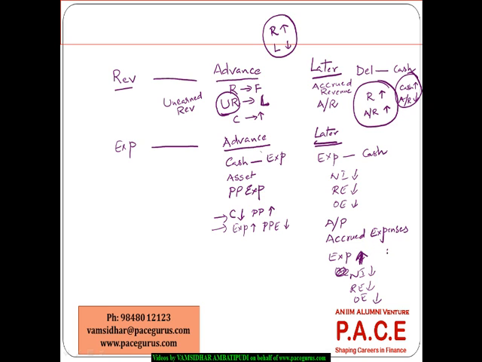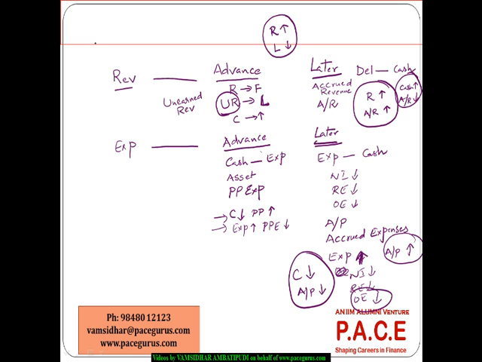There is an accounts payable, which is a liability, which is up. So liability is up, owner's equity is down, again a balancing. But on the day the cash payment happens, the cash is down and the accounts payable is also down. So one asset is down, one liability is down, again resulting in a balancing.